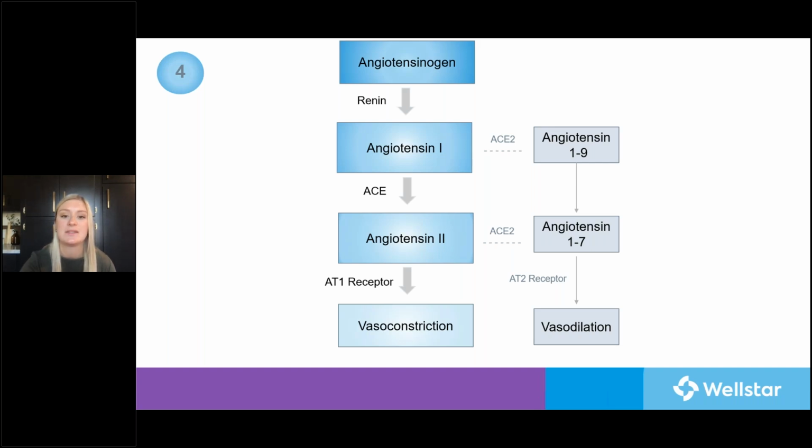When this pathway is disrupted, it stimulates the kidneys to produce more renin, and this shunts the metabolic pathway into a secondary metabolism to produce angiotensin metabolites, which are angiotensin 1-9 and angiotensin 1-7. And these act on the AT2 receptor, which is associated with vasodilation.